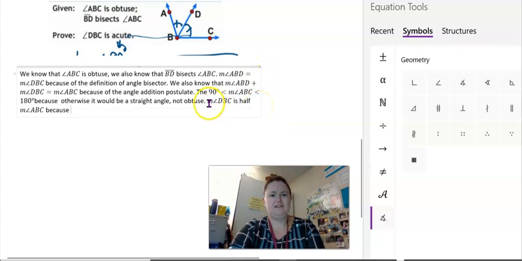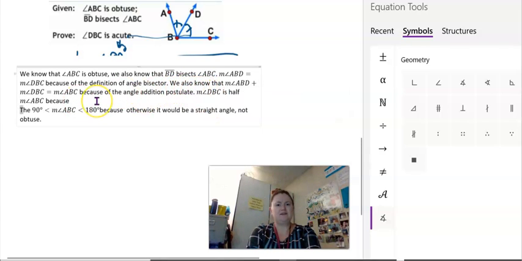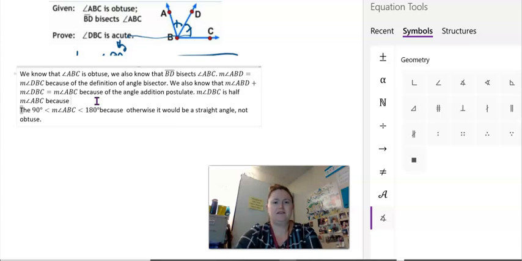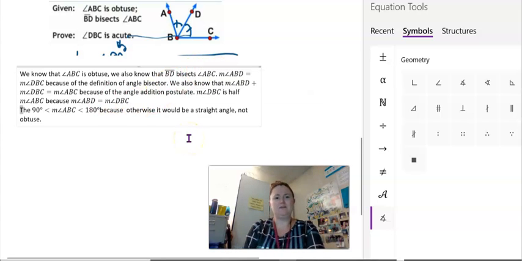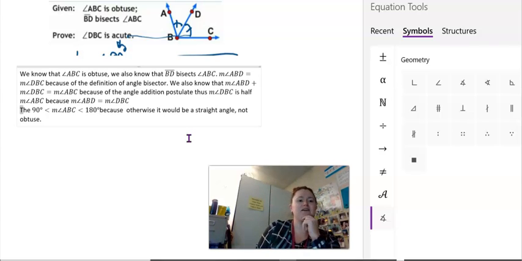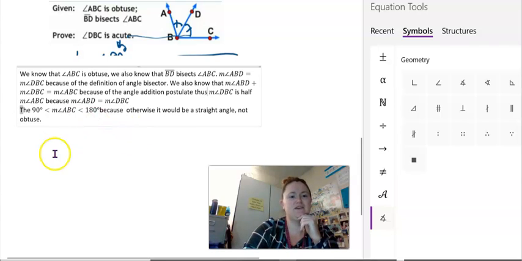I'm going to use the word thus. So, thus, the measure of angle DBC is half of the measure of angle ABC, because the measure of angle ABD equals the measure of angle DBC.